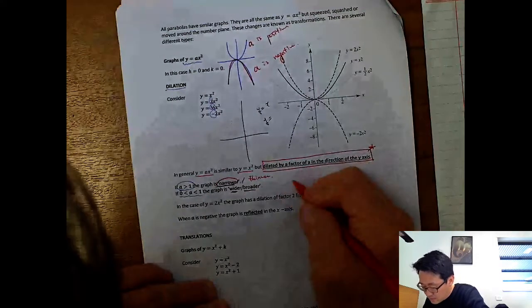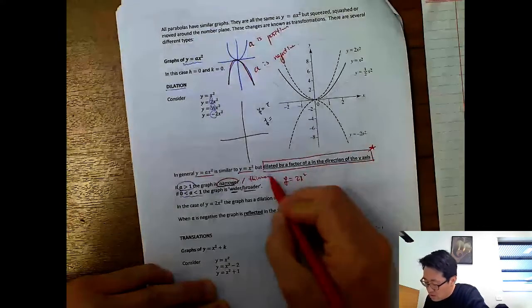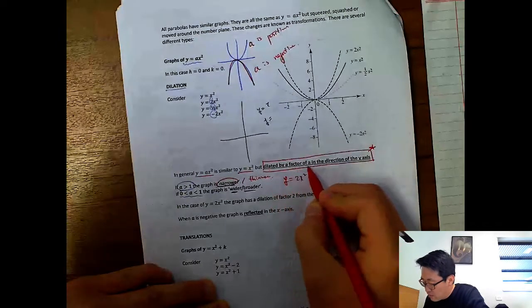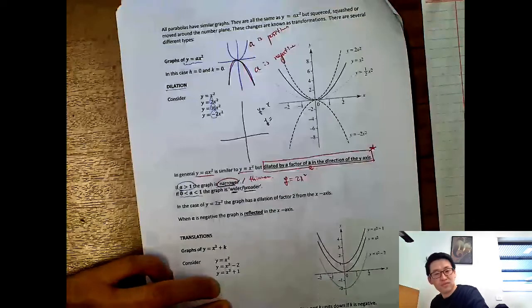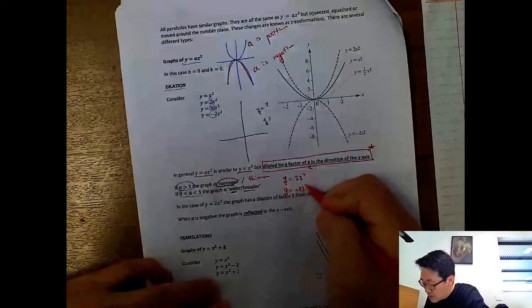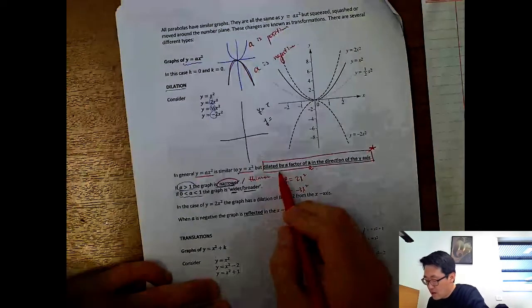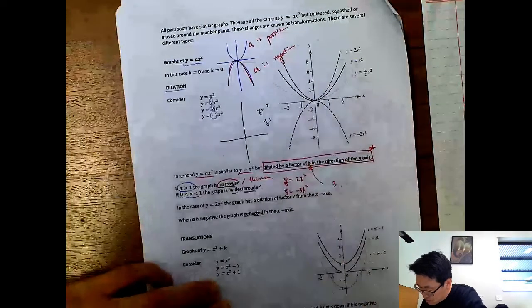In this case, let's say y equals 2x squared, then I can write down dilated by a factor of 2. Make sense? Y equals minus 3x squared, dilated by a factor of 3.